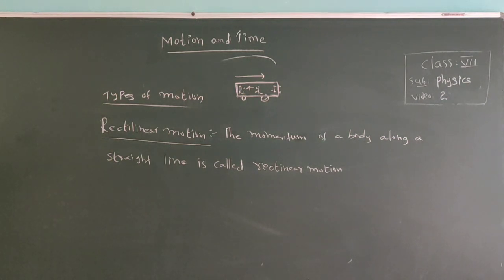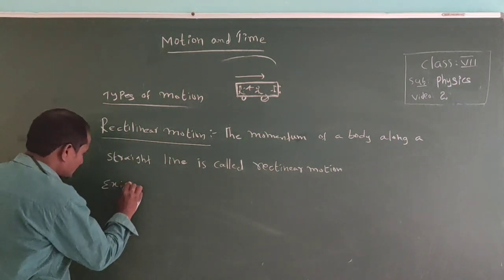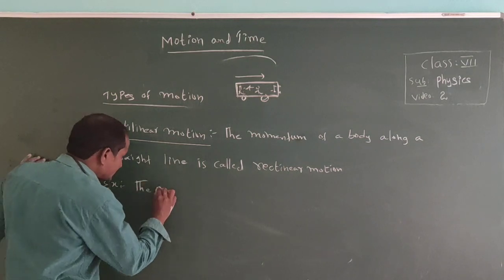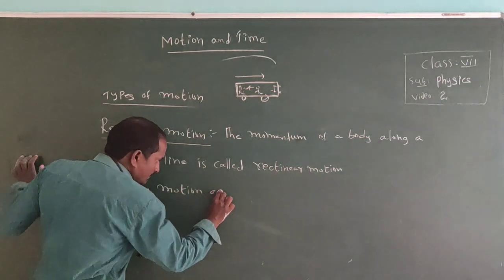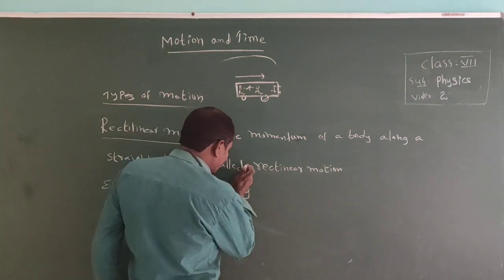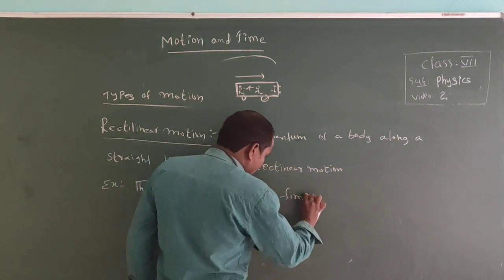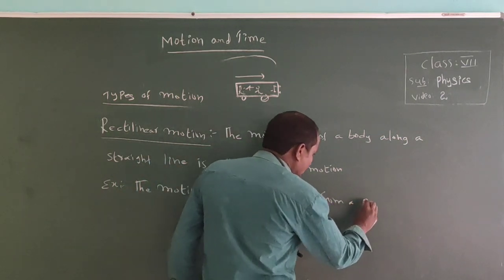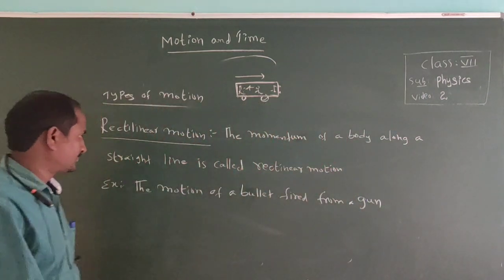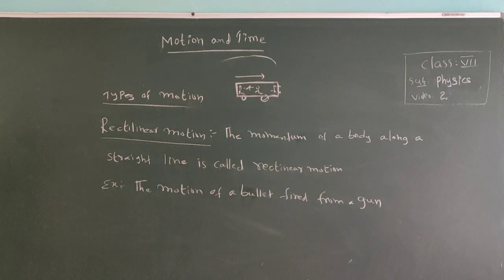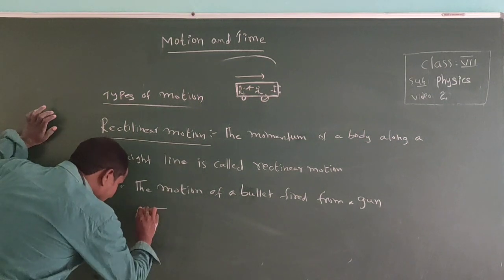Examples: the motion of a bullet fired from a gun is in a straight line.